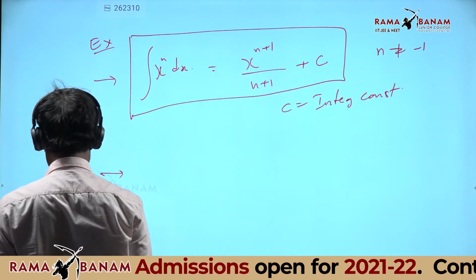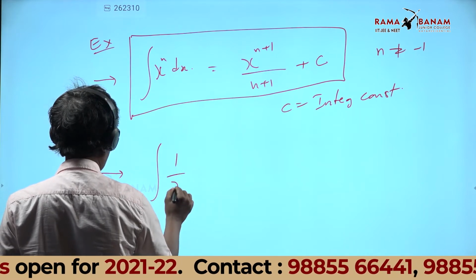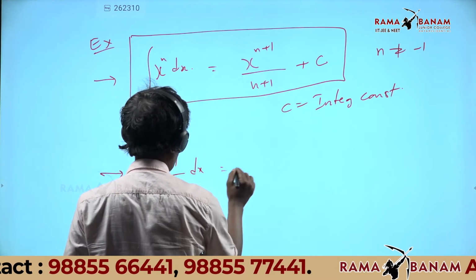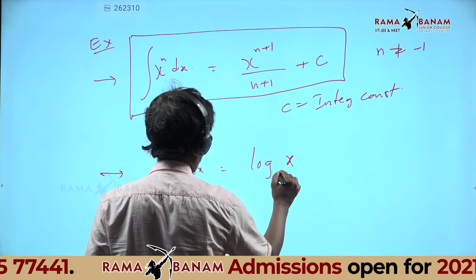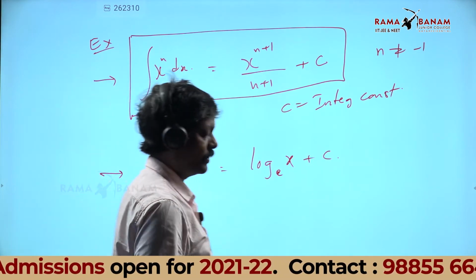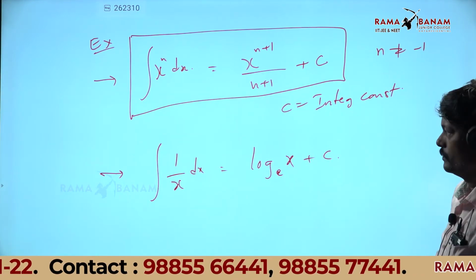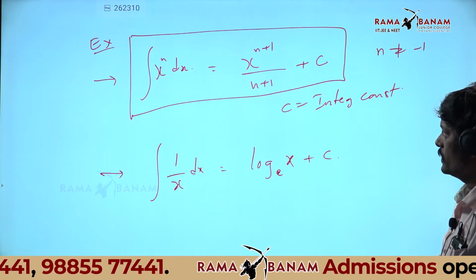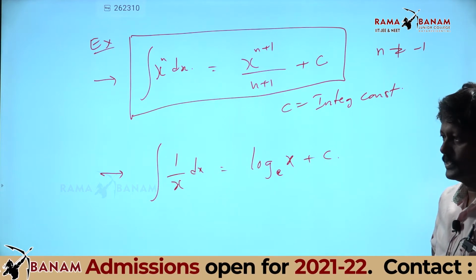Next one, integral 1 by x dx equal to log x to the base e plus c. Write down those two formulas. Integral 1 by x. So what is the y value in the second formula? y value is 1 by x.